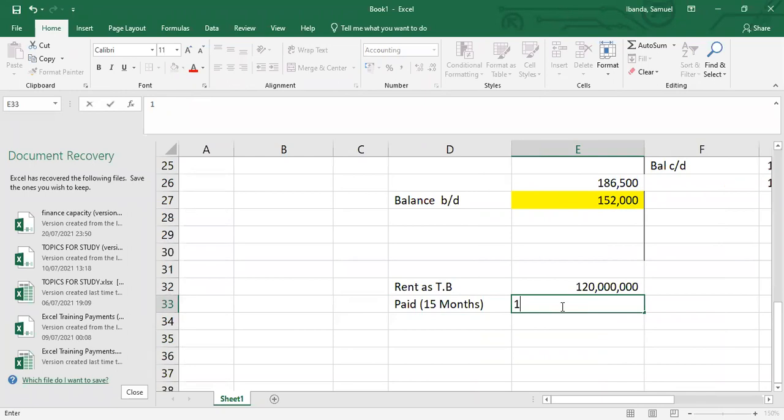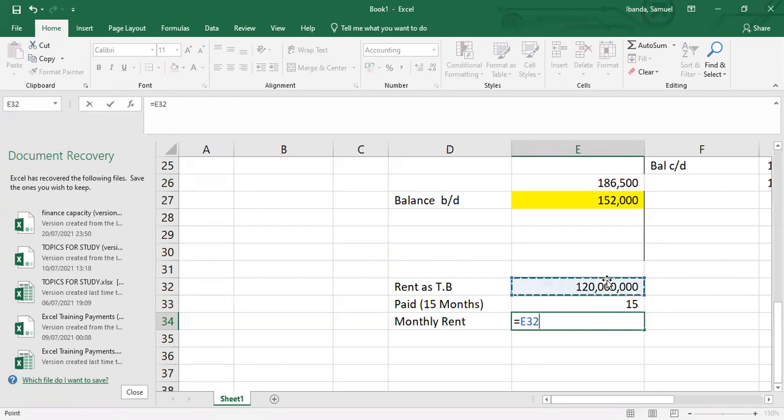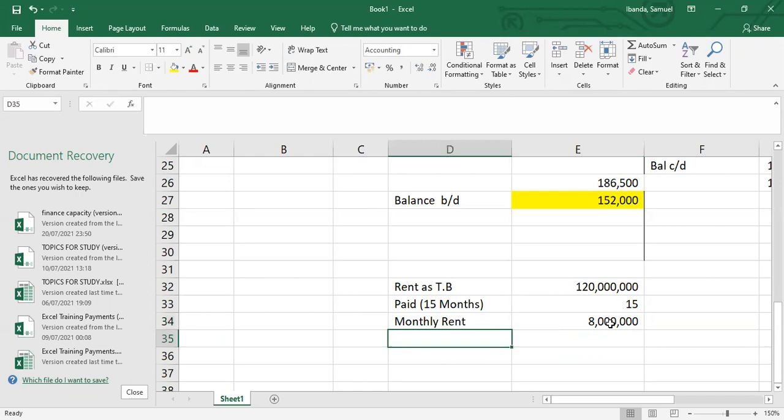It was paid for 15 months. So monthly rent, these are rent and rates, is this value that was paid divided by the 15 months to get us to 8 million, because they have told us that rent accrues the same throughout the year.